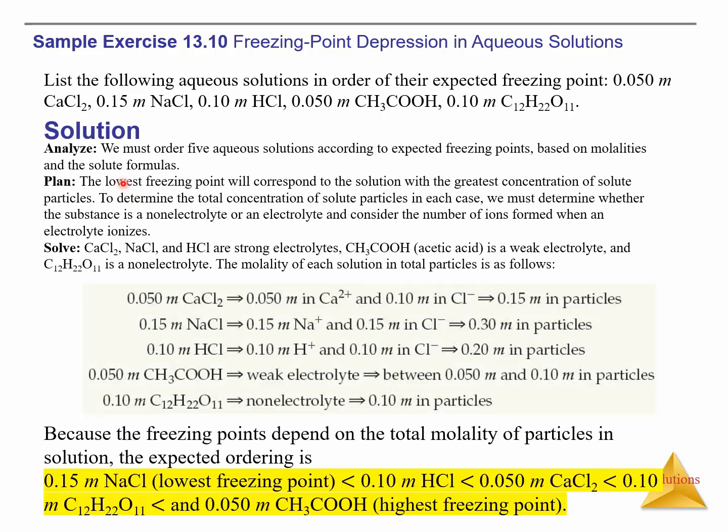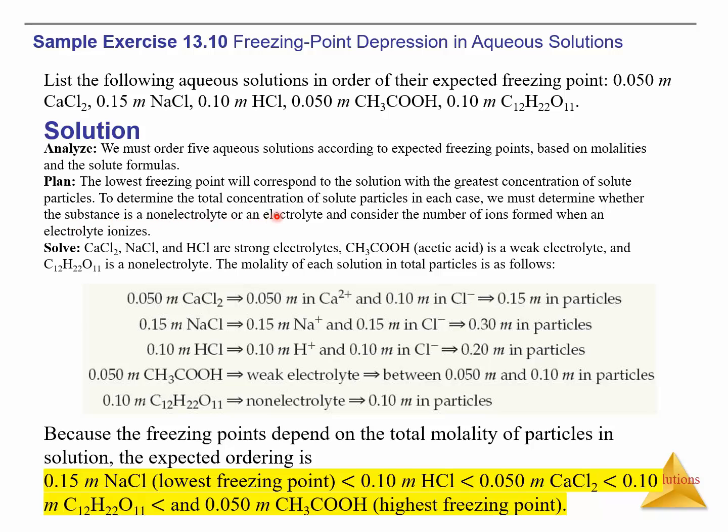Now, analyze. We must order five aqueous solutions according to expected freezing points based on molalities and the solute formulas. The lowest freezing point will correspond to the solution with the greatest concentration of solute particles.